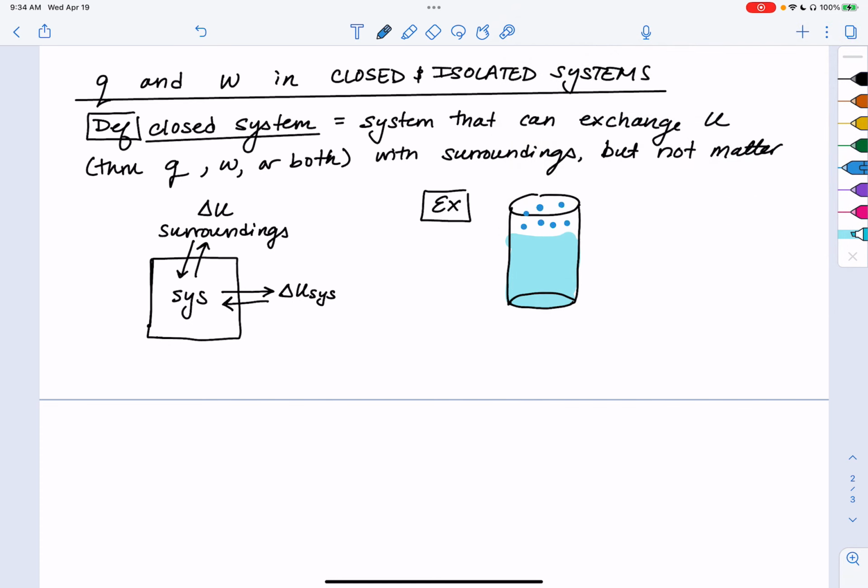Think about when you leave your water bottle in the back of your car for a minute, you'll see condensation, right? All of the water that is present in this system, if it is a closed system, will never be transferred into the surroundings. So all water molecules stay within the system.